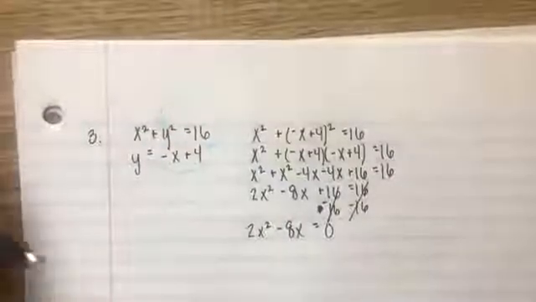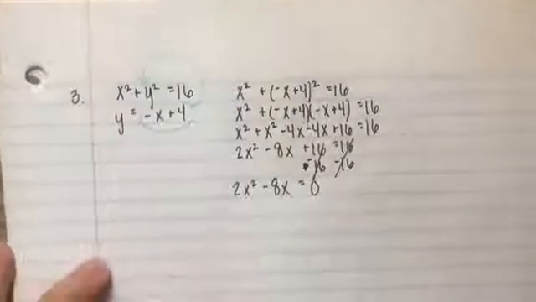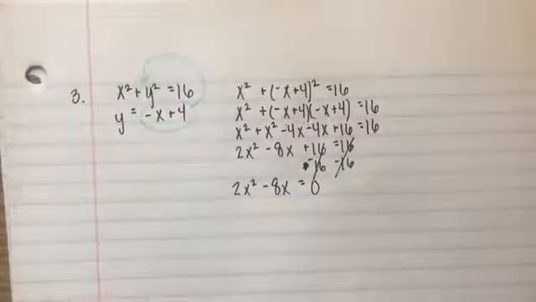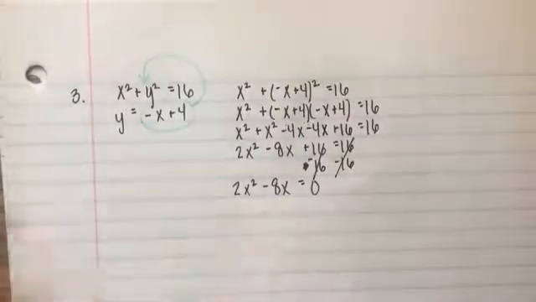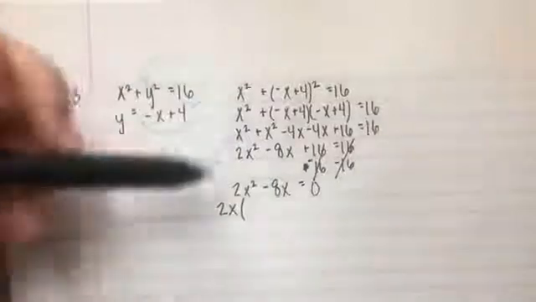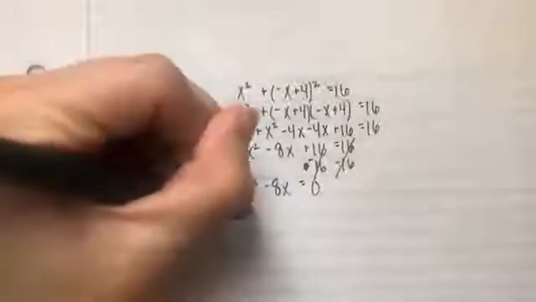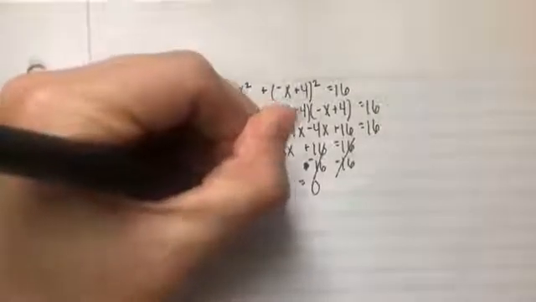If you want to divide out a 2 here, you can. It doesn't really make a difference, but especially when you have just x squared and x, you have to check for a GCF first because that's the only way to factor this problem. Between 2x squared and -8x, the GCF would be 2x. So 2x squared divided by 2x is just x, and then -8x divided by 2x would be -4.